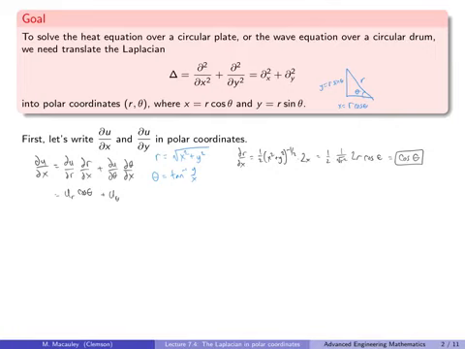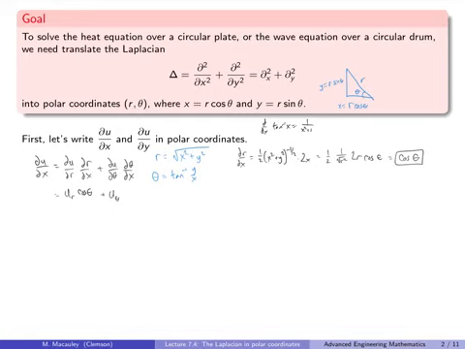And then next, what is d theta dx? What's the derivative of this with respect to x? Recall that the derivative d dx of inverse tangent of x is 1 over x squared plus 1.